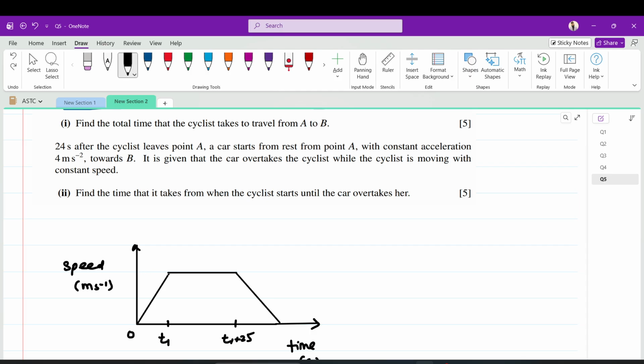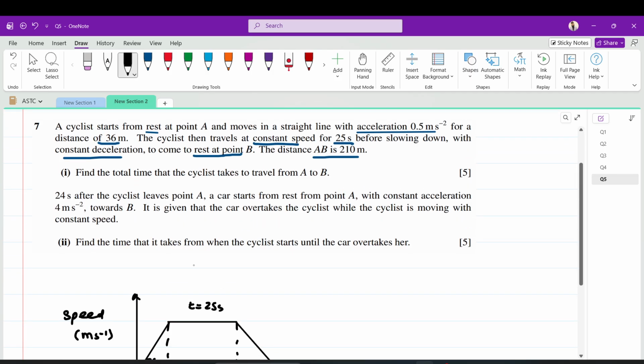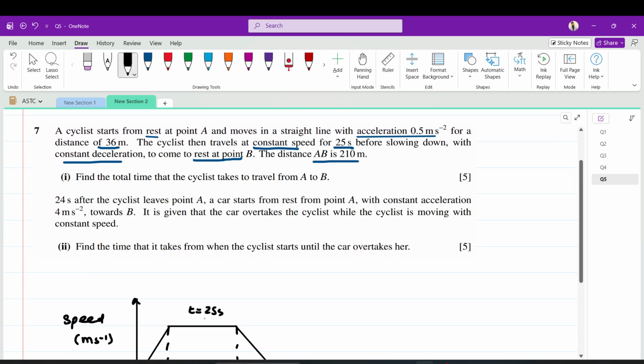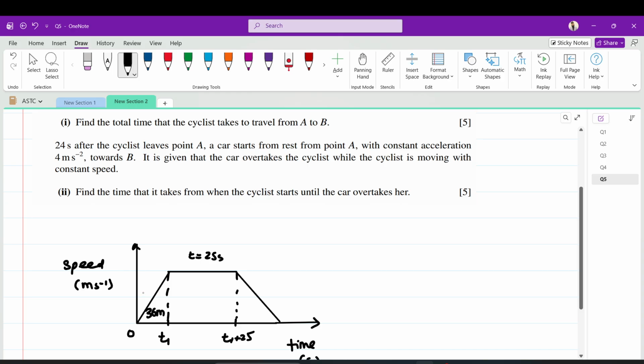What we do know is that this is 36 meters. We don't know the velocity. We know that this is t equals 25 seconds, the duration for the constant velocity. Also we know that this is 0.5 meters per second square.